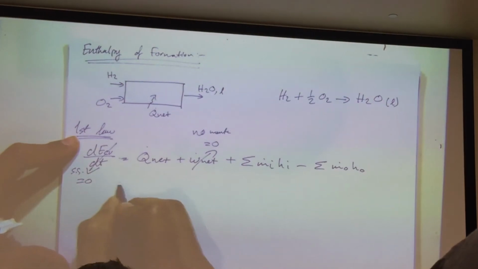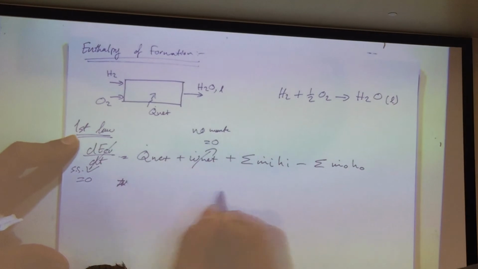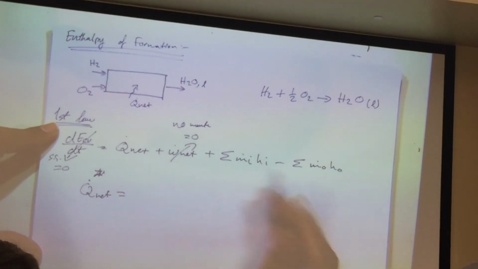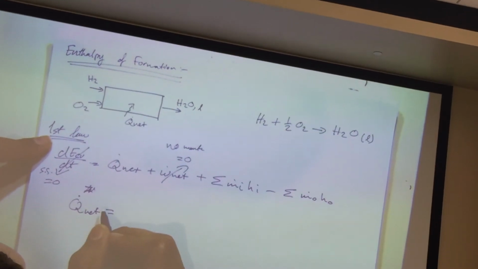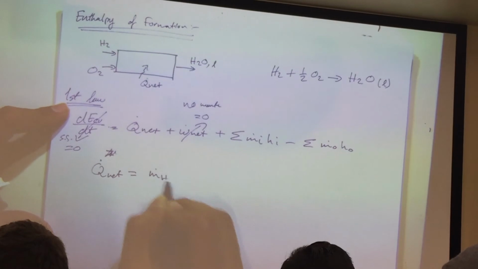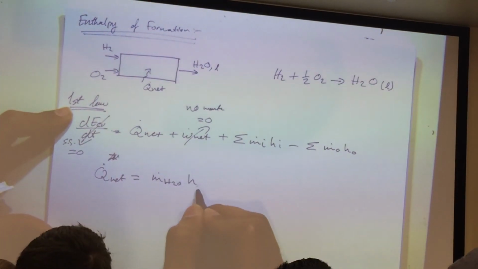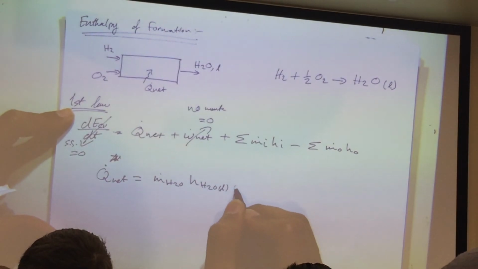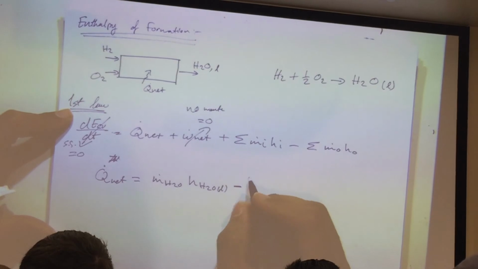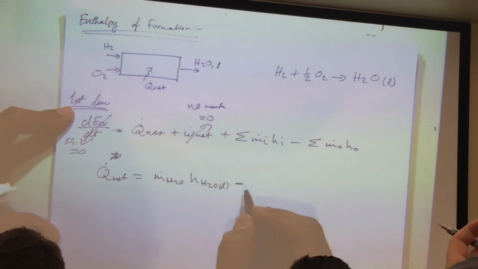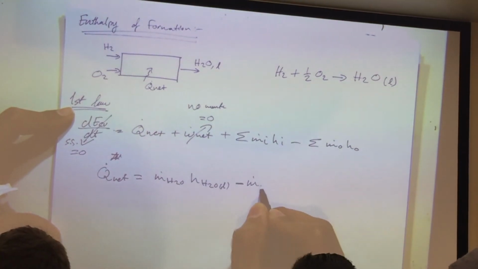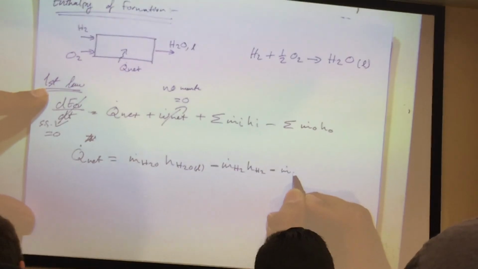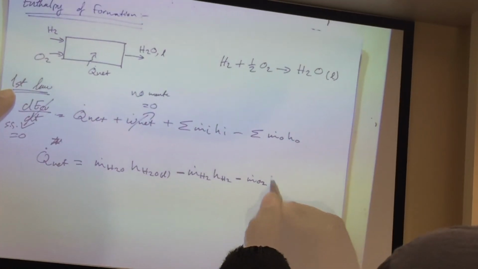If I move everything to the other side, Q net is equal to the output on the positive side, so the m dot H2O multiplied by the enthalpy of H2O liquid, minus the input, which is m dot of H2 times H H2, minus m dot of O2 times H O2.